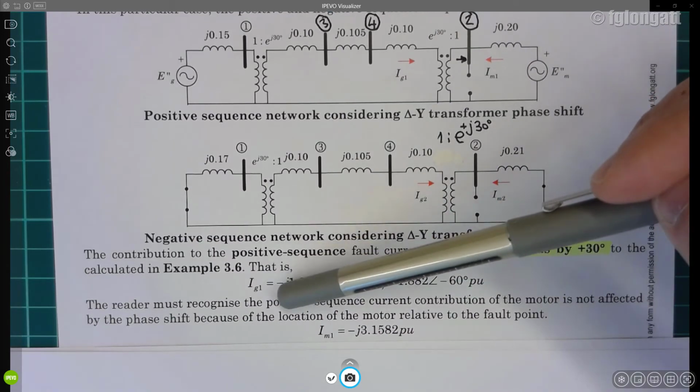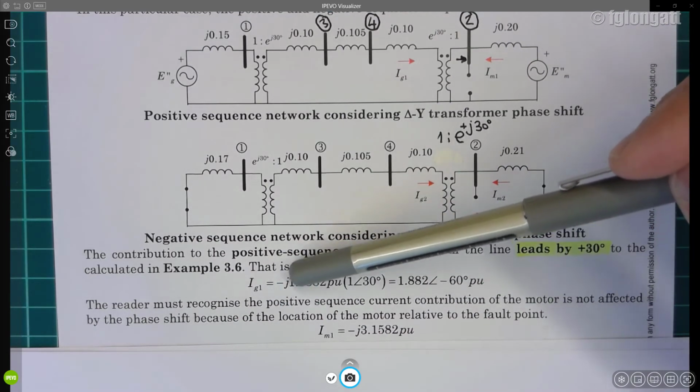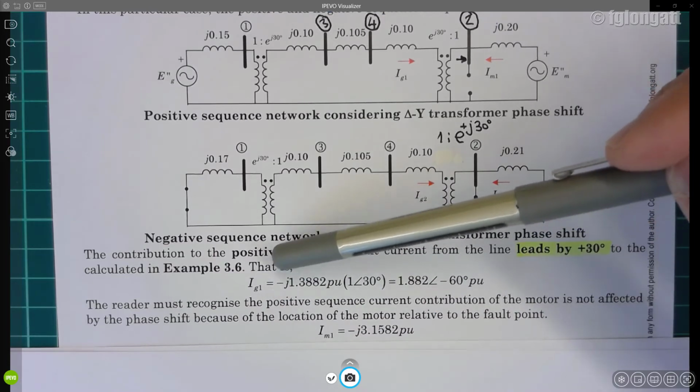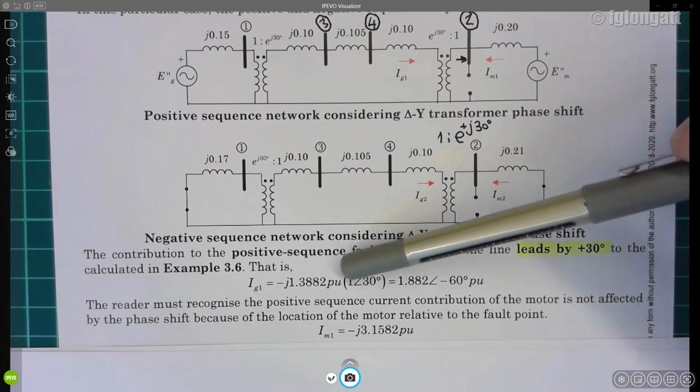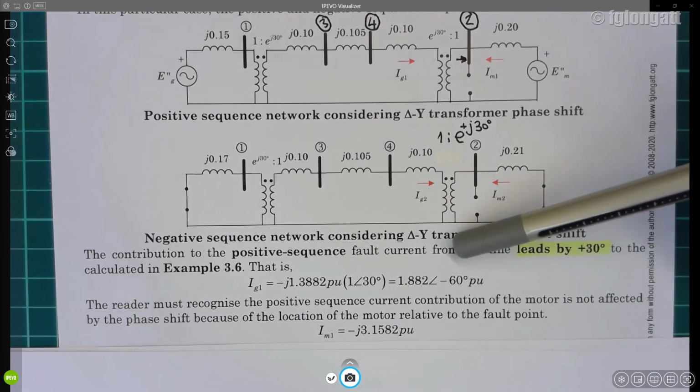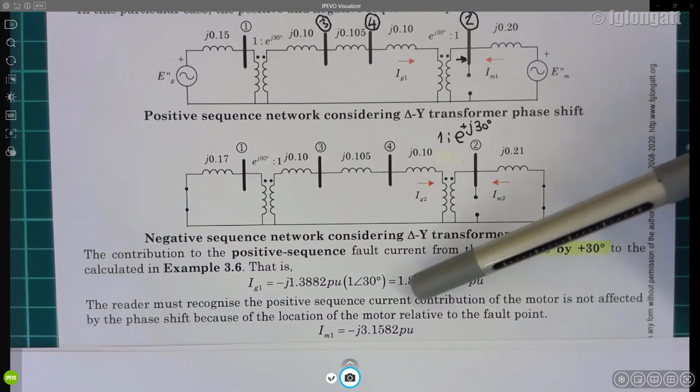Now you must remember j is equivalent to 90 degree. In this case, minus j is equivalent to minus 90 plus 30. That is minus 60 degrees.